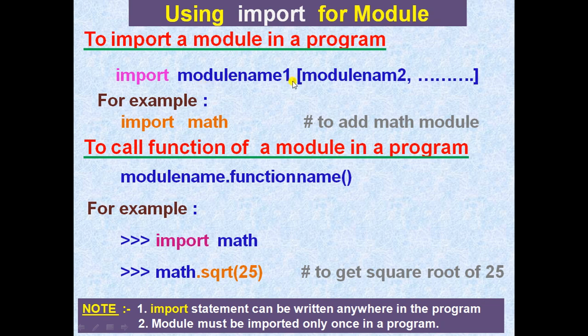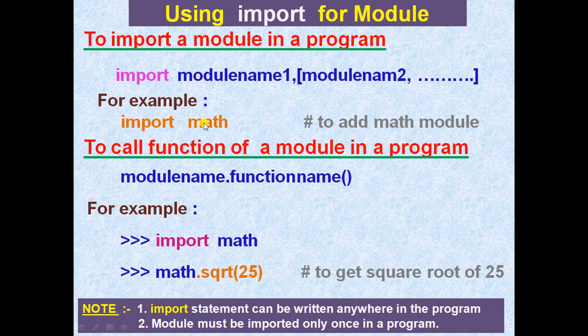We can import more than one module at a time, or you can simply write a single module name. We have to write import and the module that we want to attach with our Python file. Here we want to add the math module, so we write import math.